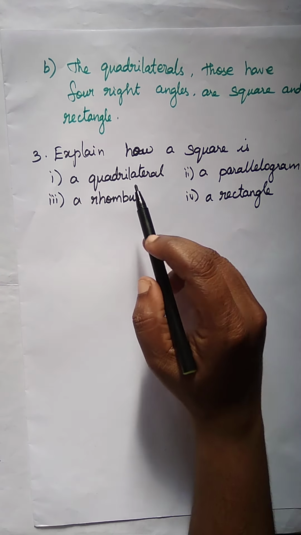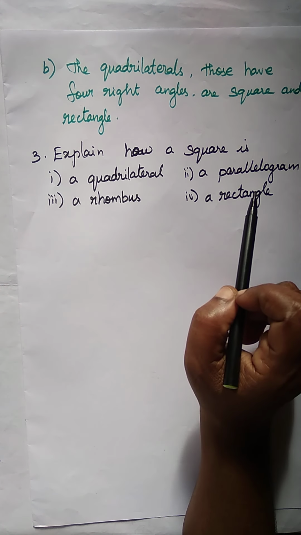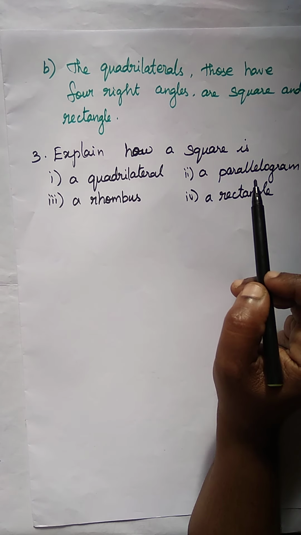Understand the question first. Explain how a square is. எப்படி ஒரு ஸ்கொயரை வந்து quadrilateral சொல்லலாம், parallelogram, then rhombus and rectangle நம்ம சொல்லலாம்.